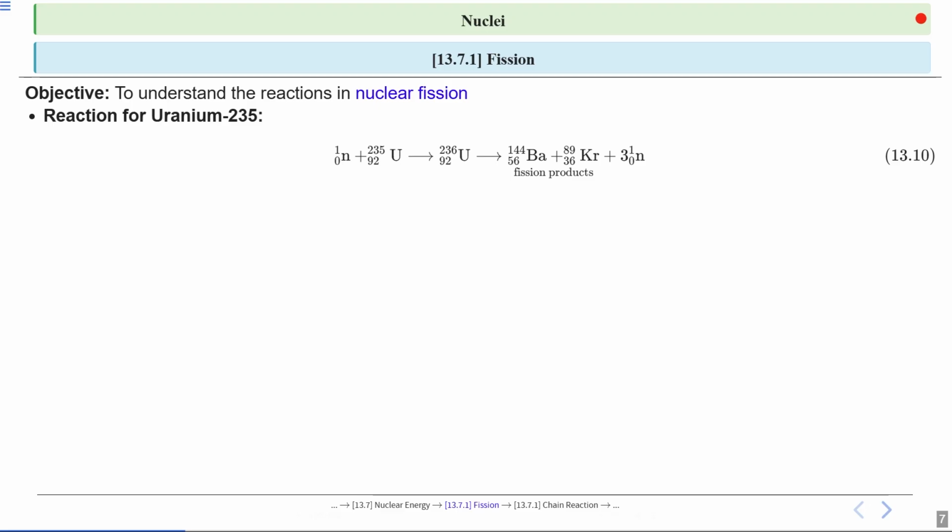This unstable nucleus then splits into two smaller nuclei, barium 144 and krypton 89, plus three more neutrons. The reaction can be written as neutron plus uranium 235 leads to uranium 236 leads to barium 144 plus krypton 89 plus 3 neutrons. Notice how the numbers balance on both sides. This shows conservation of mass and charge.